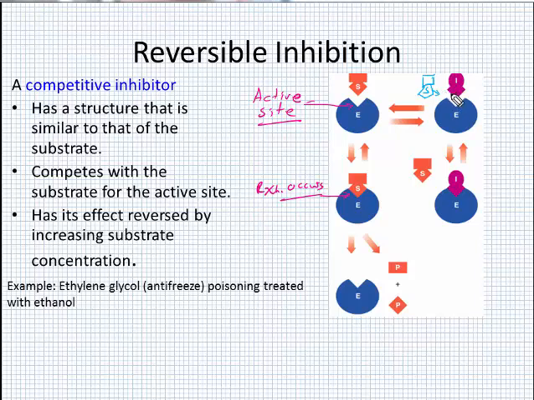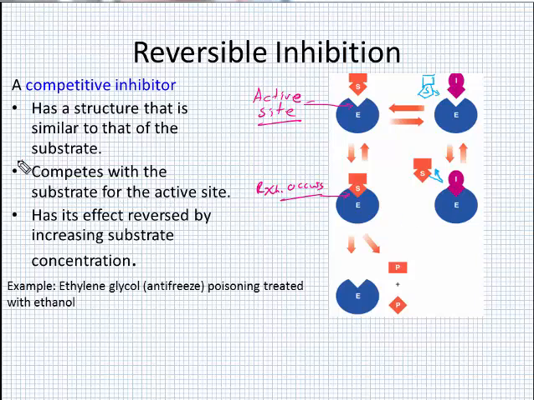It's kind of like musical chairs. They're both competing for the same active site. So when the inhibitor is bound, the substrate can't bind. They refer to it as competitive inhibition. Both the substrate and the inhibitor compete for the same active site.